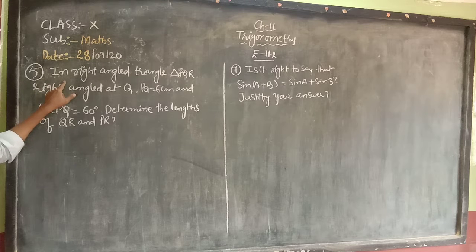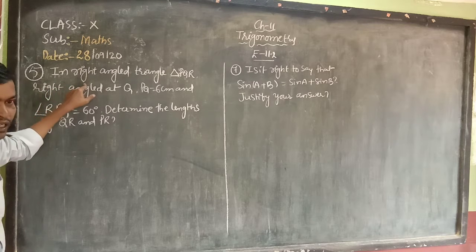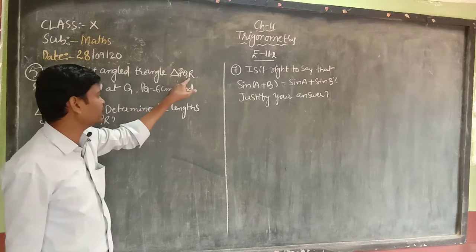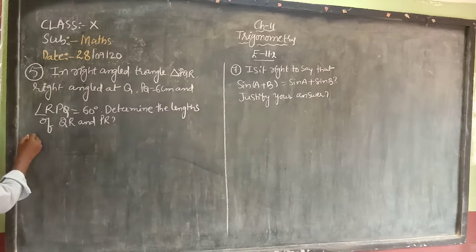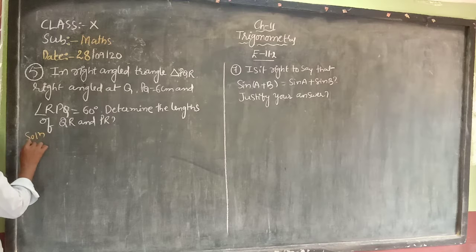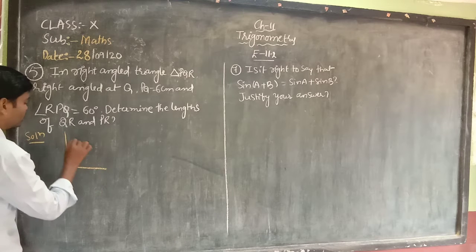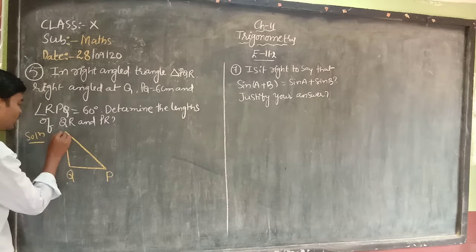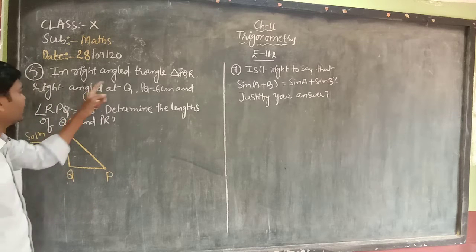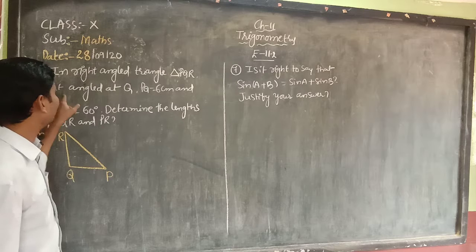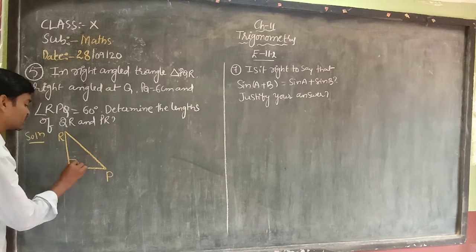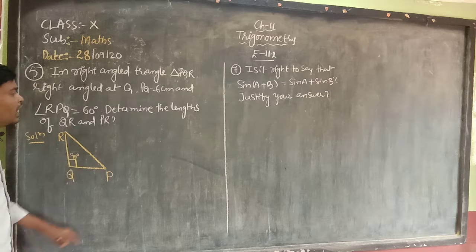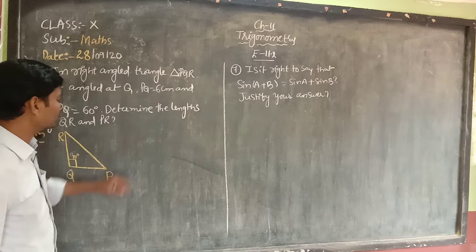In right angled triangle PQR, right angle at Q. So this is the right angle, means this is 90 degrees, and PQ is equal to 6 centimeters.